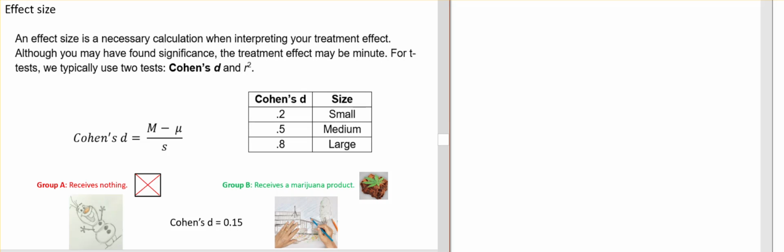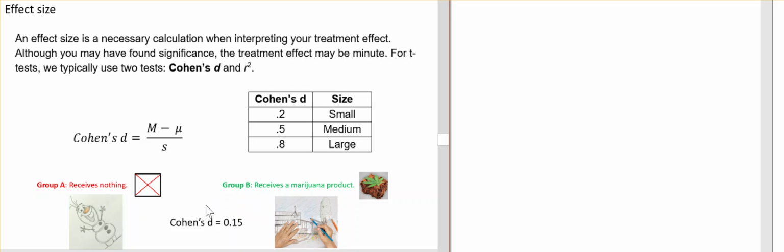All right, let's go back to my original idea of group A not receiving the marijuana product and group B receiving the marijuana product, and we see that there is a difference between the groups when it comes to their artistic ability. There may be a statistically significant difference between these groups, but this is pretty good art right here, and this is perhaps better, but it's not that big of a difference.